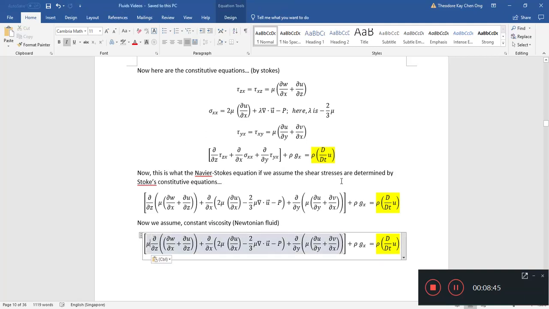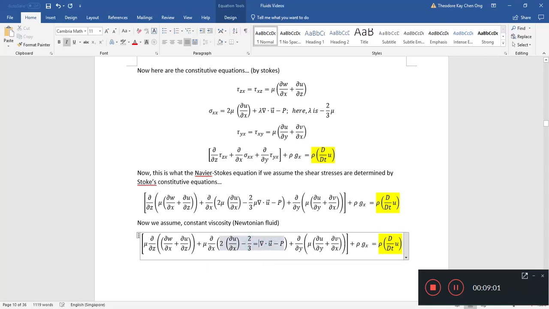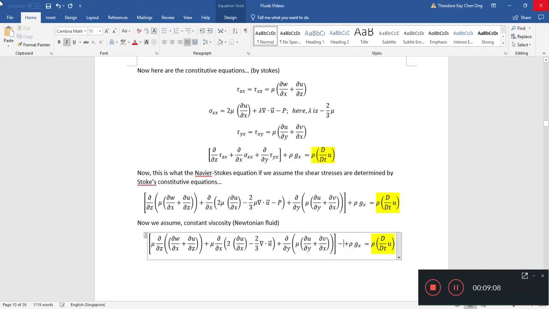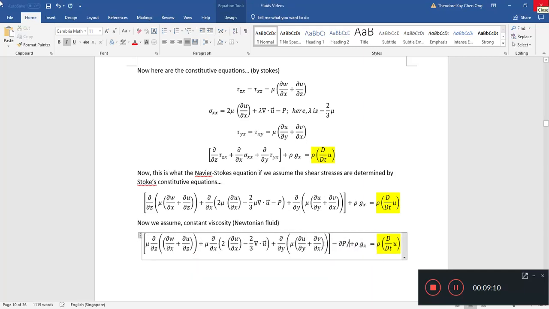Now just take this out. And I'll bring this pressure term out of the whole thing. I just want minus. And I'll factorize this out as well.